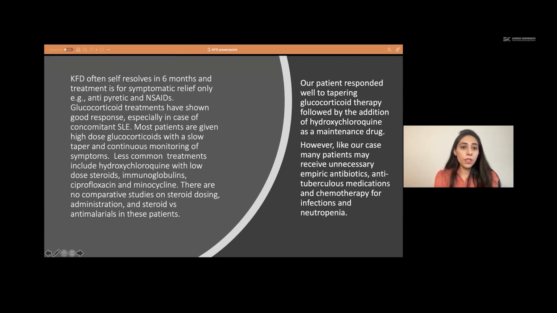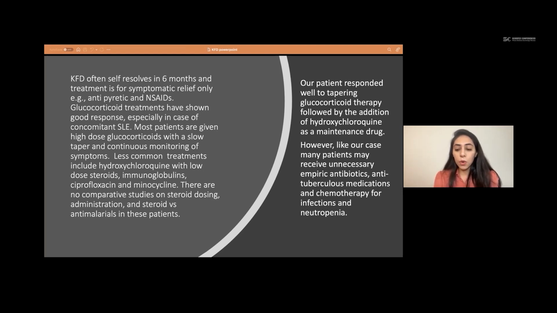So KFD often resolves in 6 months, and the treatment is only for symptomatic relief, like antipyretics and NSAIDs. But glucocorticoid treatments have shown some good response, especially in cases with concomitant lupus as well. Most patients are given high-dose glucocorticoids with a slow taper and continuous monitoring of symptoms. Less common treatments include hydroxychloroquine with low-dose steroids, immunoglobulins, ciprofloxacin, minocycline.